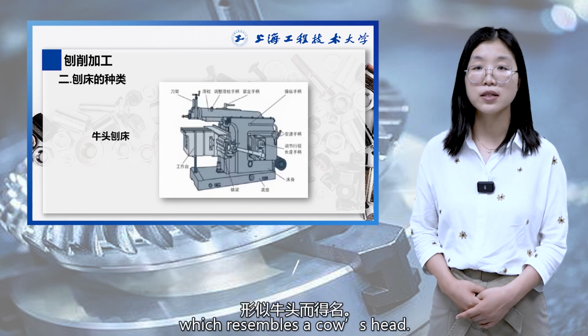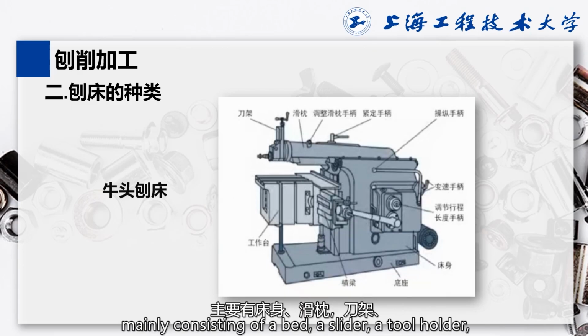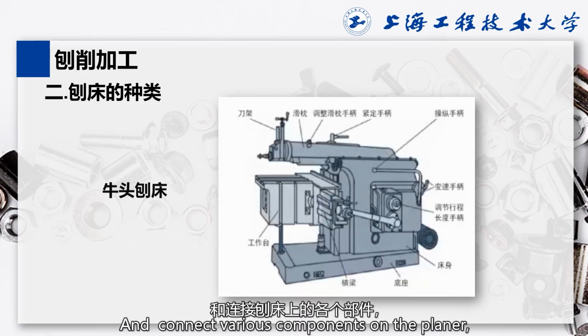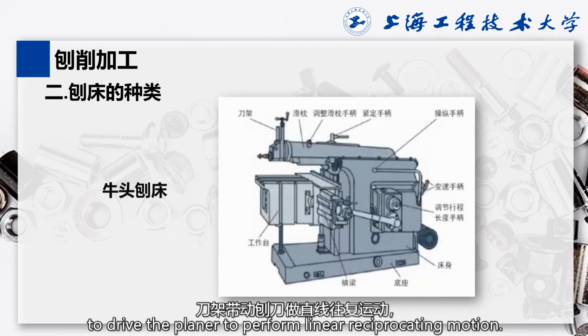The structure of a planer is shown in the figure, mainly consisting of a bed, a slider, a tool holder, a crossbeam, a work table, etc. The bed is used to support and connect various components on the planer, and the front end of the slider is equipped with a tool holder to drive the planer to perform linear reciprocating motion.